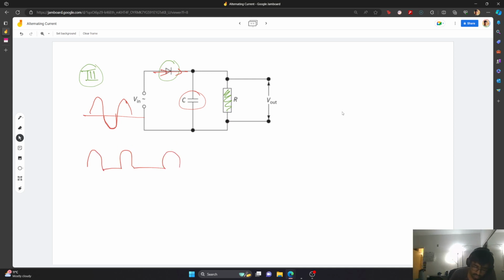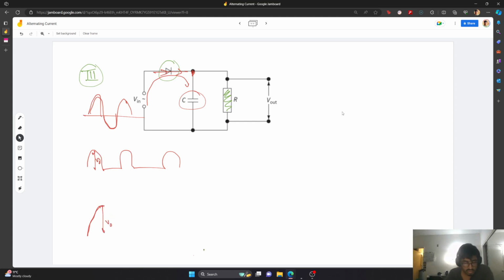Now, adding this capacitor, how does that help? In the positive half of the cycle, the current will flow in and charge this capacitor up. Originally it charges the capacitor up to the peak voltage, whatever that is. So if this is V0, it charges the capacitor to V0.